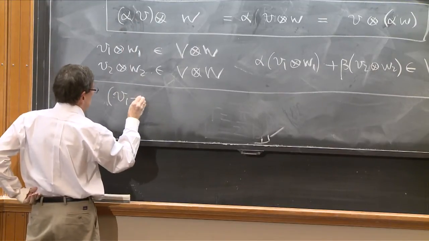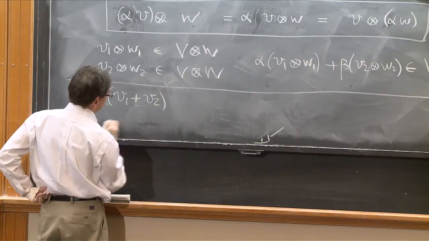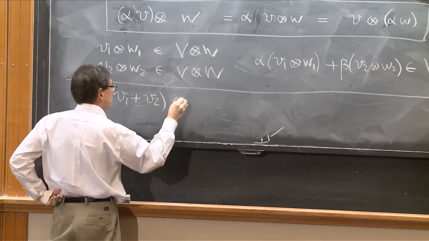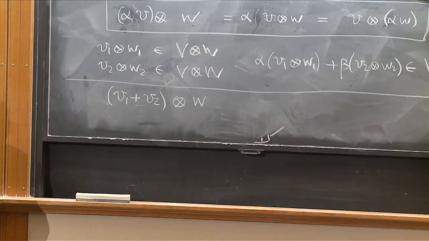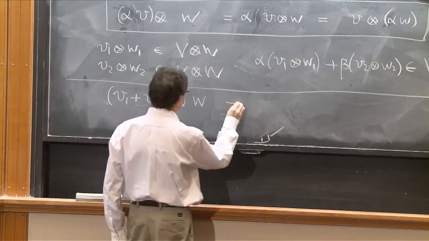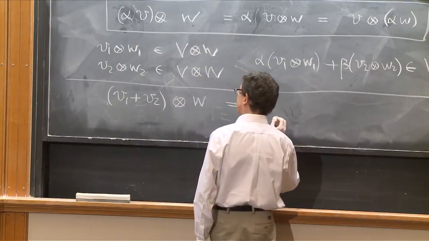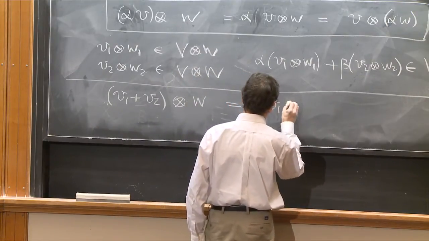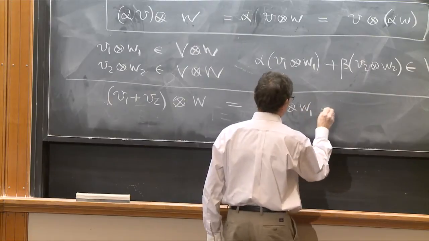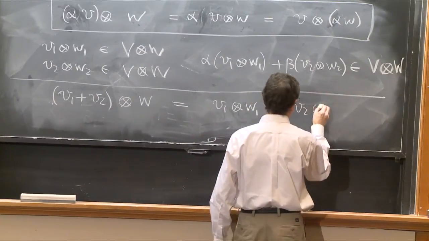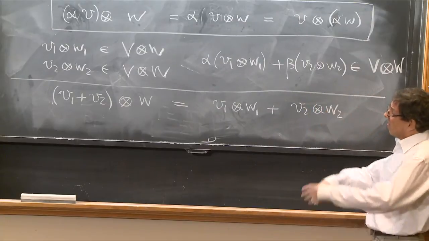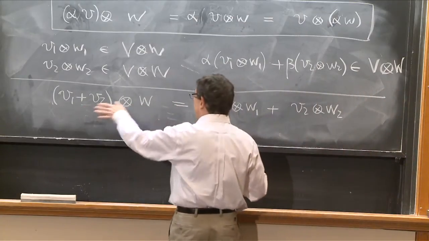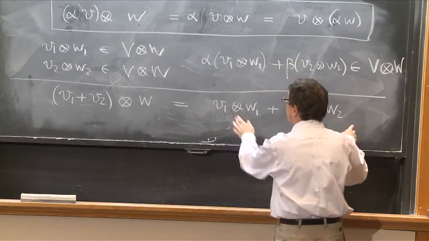Suppose you have v1 plus v2, which is another vector, tensor W, another vector. Unless you tell me what this is, I don't know that this is actually v1 tensor W plus v2 tensor W, unless you declare it. This is just another vector. Why should that be equal to this?